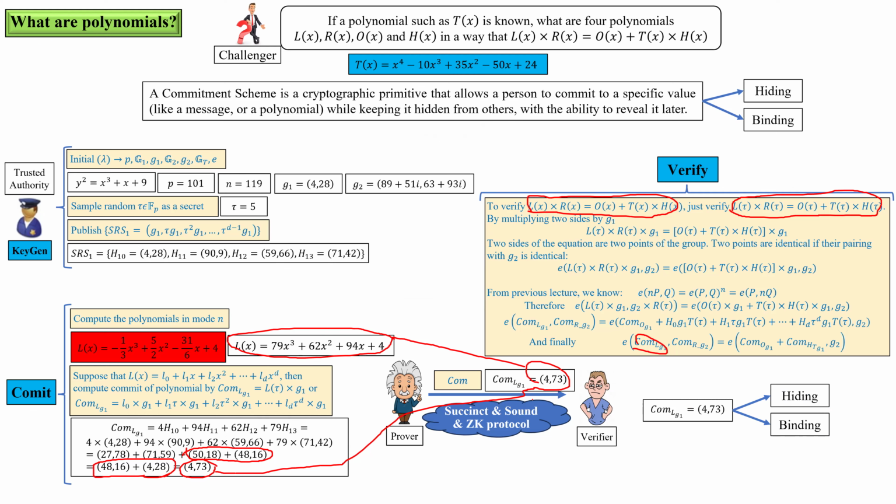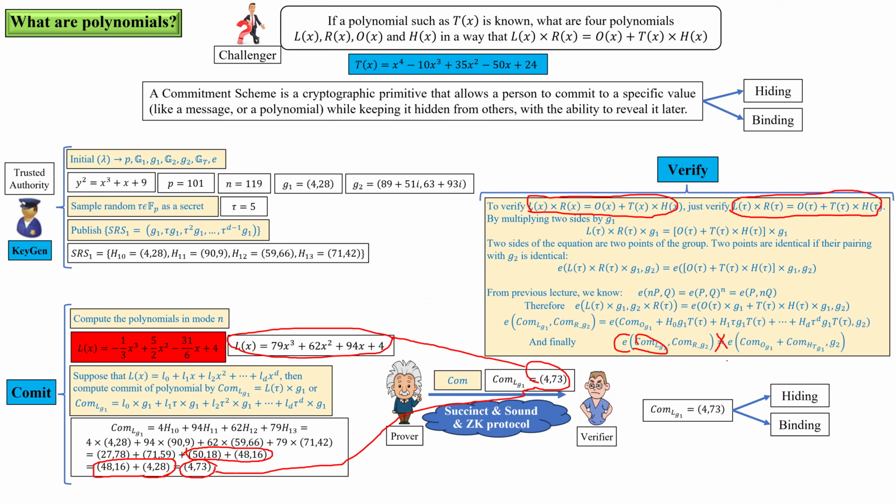The second property is that this commit value is really computed based on the polynomial, because if the prover cheats and sends another point as the commit, then the pairing would not be satisfied. So this equation would not be satisfied.